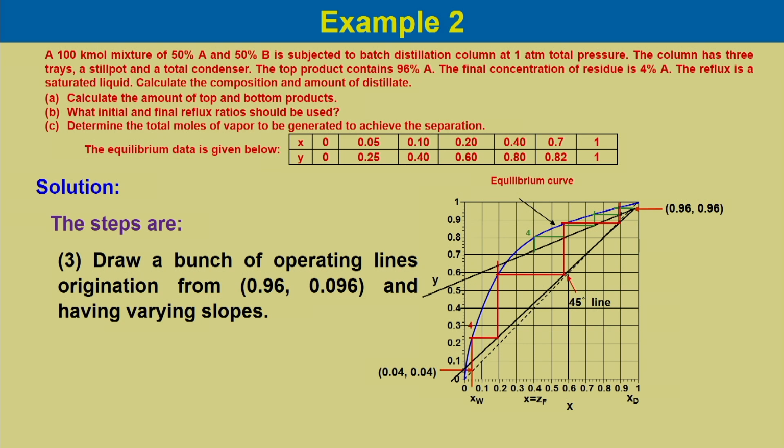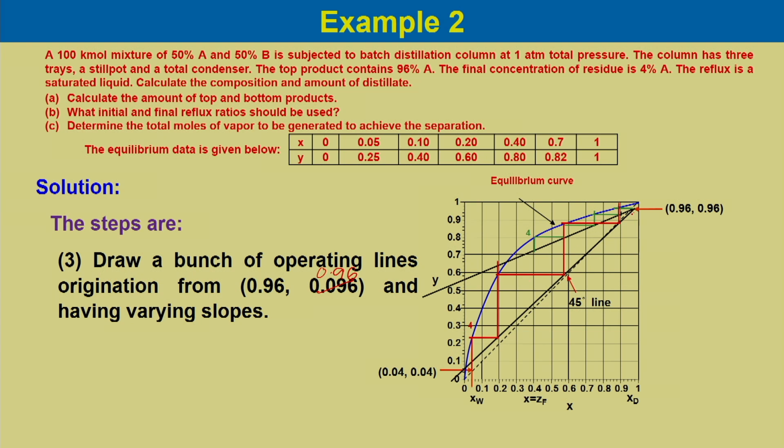Then we have to draw a bunch of operating lines originating from this point. So, this is 0.96. So, originating from this point we can draw several operating lines with a varying slope.